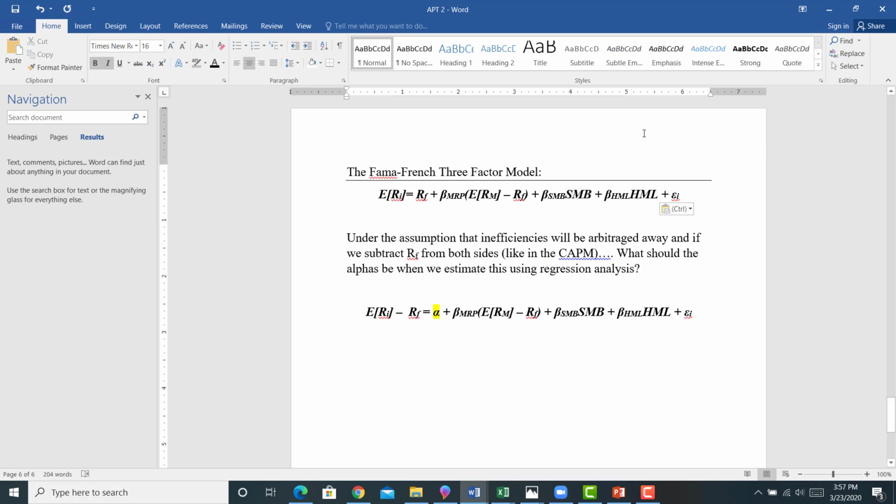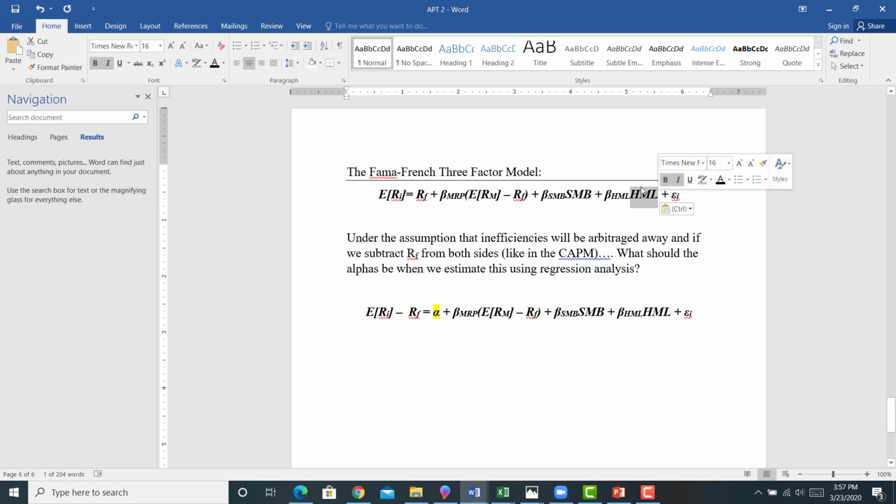We sort stocks into 10 portfolios based on high book to market ratios, portfolio 10, versus low book to market ratios, portfolio 1. We take the returns to stocks in the highest book to market ratio portfolio minus the returns to the smallest book to market ratio portfolio, and the difference in those returns is the high minus low return premium.